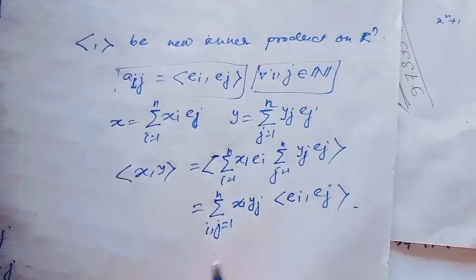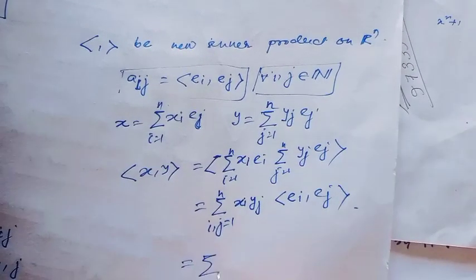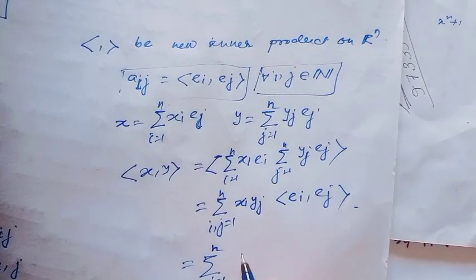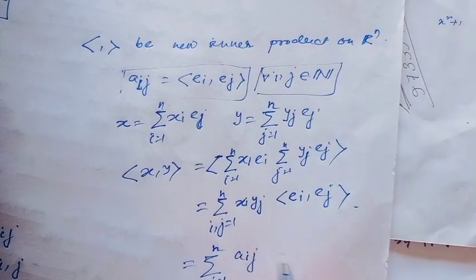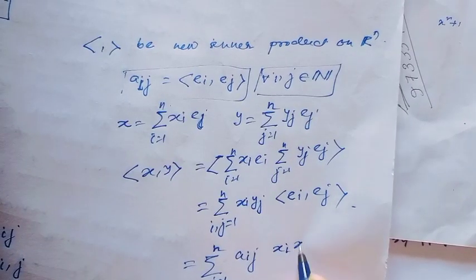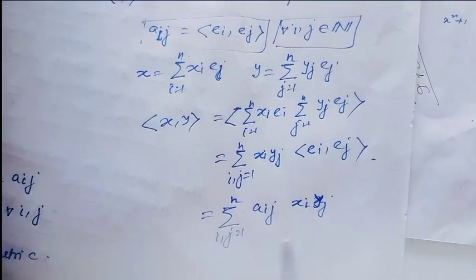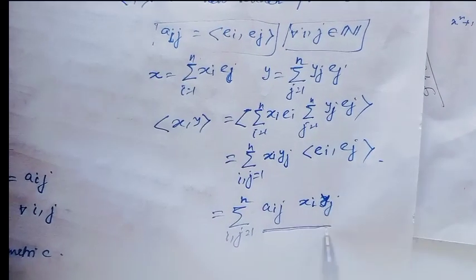So this looks like summation ij running from 1 to n of aij xi yj.